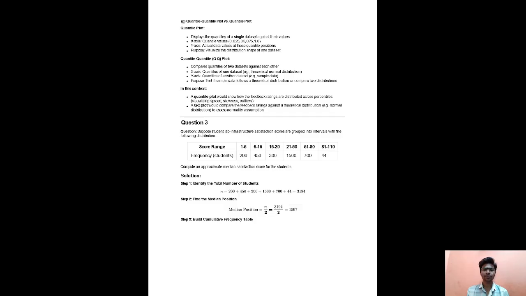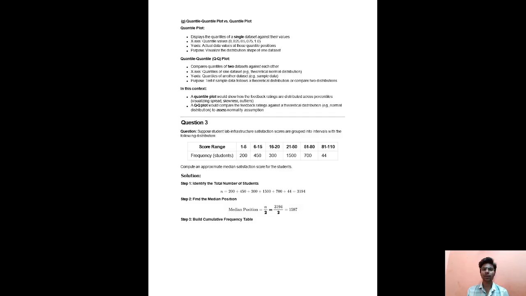A QQ plot compares quantiles of two datasets against each other. The x-axis shows quantiles of one dataset, or the theoretical normal distribution. The y-axis shows quantiles of another dataset, the sample data.